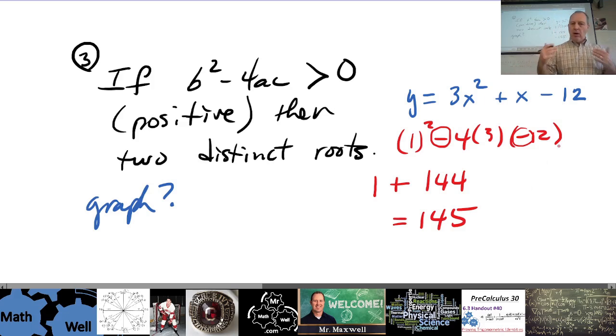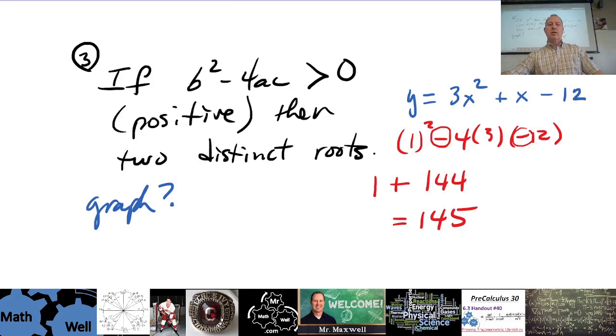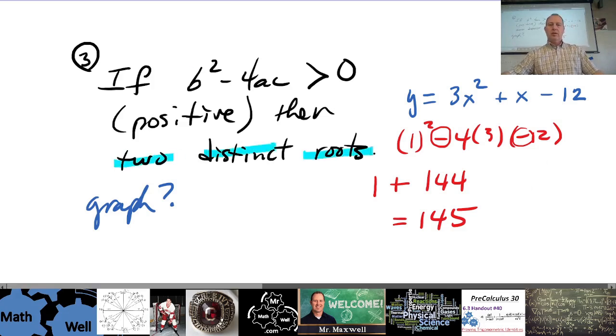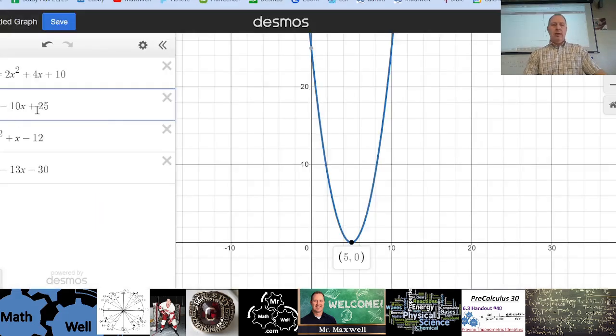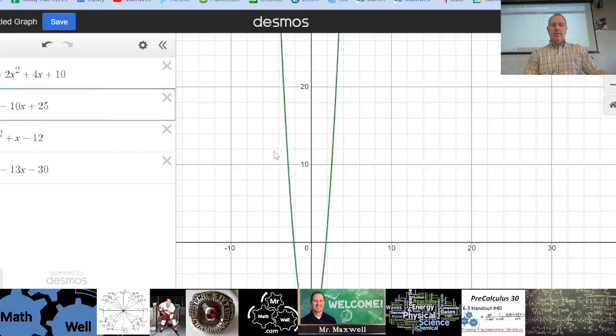If you have a positive number underneath the root sign, then there are always going to be 2 distinct roots. And because this number is so high, the graph might be really stretched or really wide or something. But let's see what this one looks like. So the 3x squared one, okay, that's this one right here.